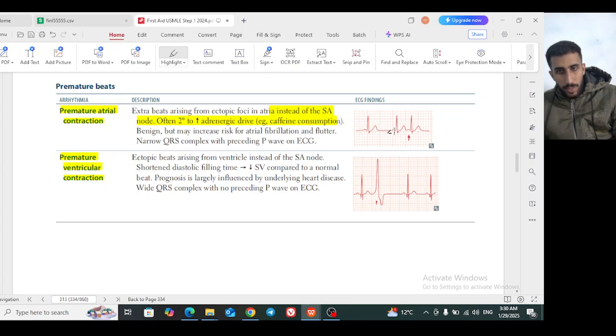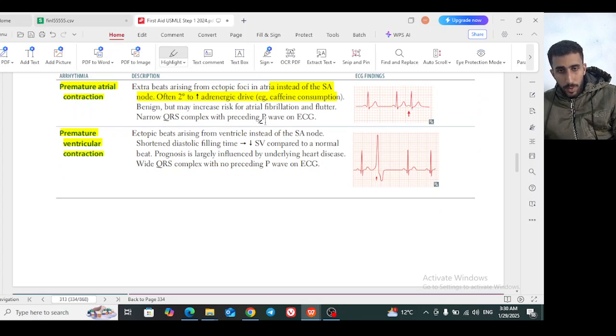It is not from the SA node, due to increased adrenergic drive from caffeine, for example. It's benign, but not completely benign, and may increase the risk for AF or flutter. The complex is a narrow complex with a preceding P wave, but it came from the atria, this P wave, not from the SA node, but from an ectopic focus.